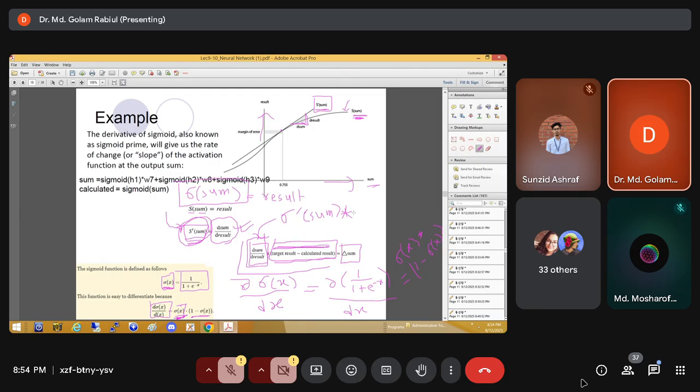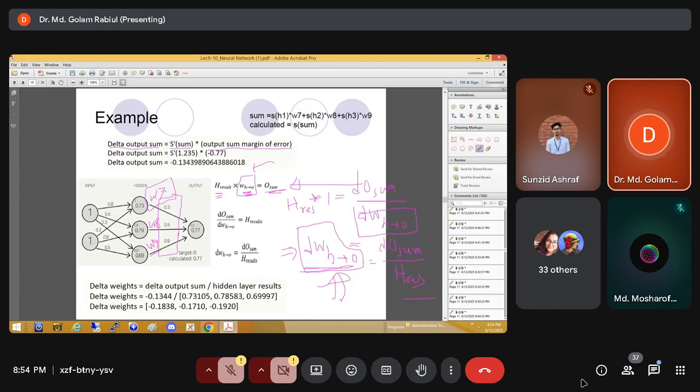That is the error. So that is our delta O sum. Our output sum is 1.235.